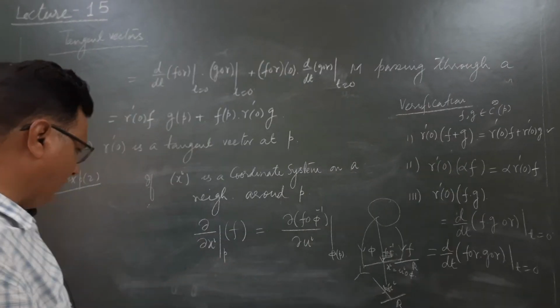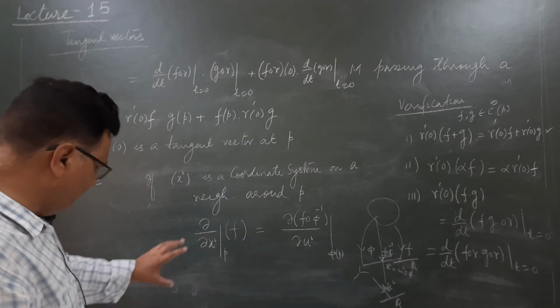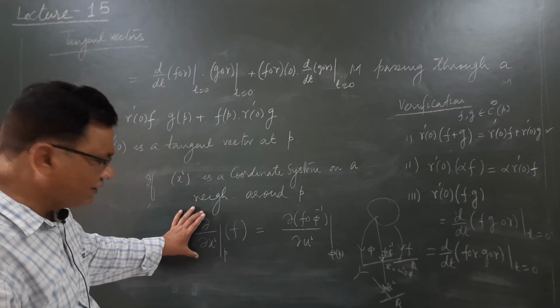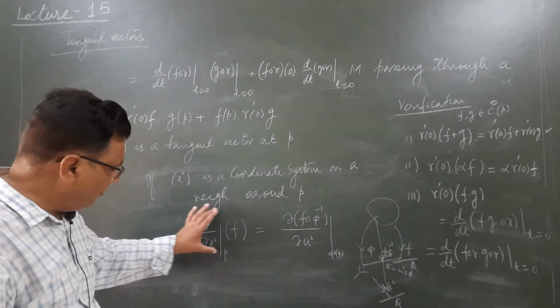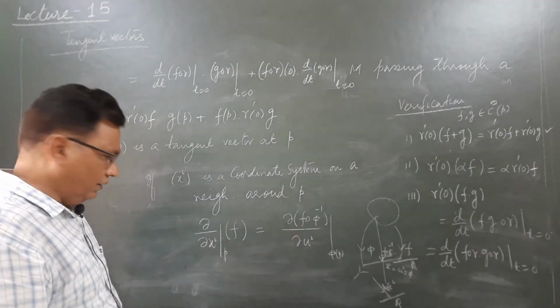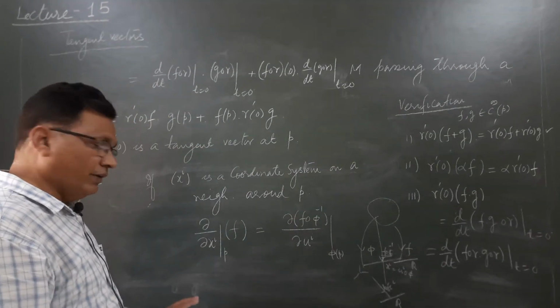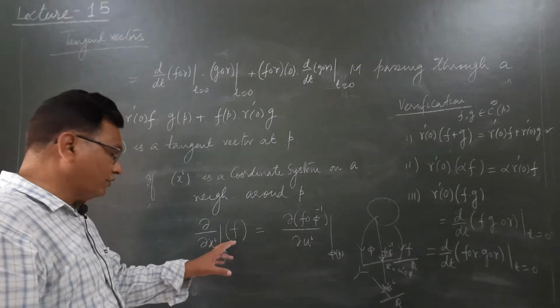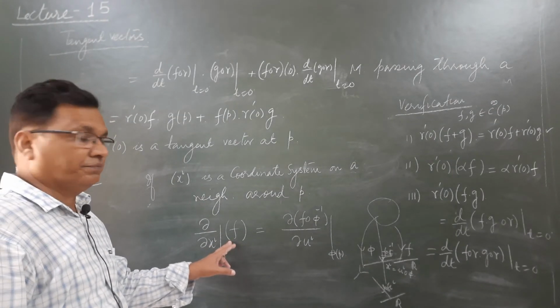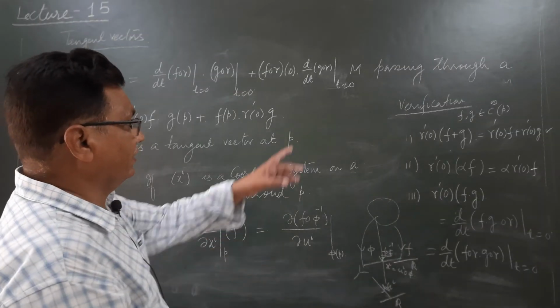Now look carefully, now you will realize once again that the way I have written it, it looks as if del upon del xi are operators, they operate on functions and produce real numbers. Okay, so whether these operators on functions are tangent vectors or not needs to be checked, and that I will be checking.